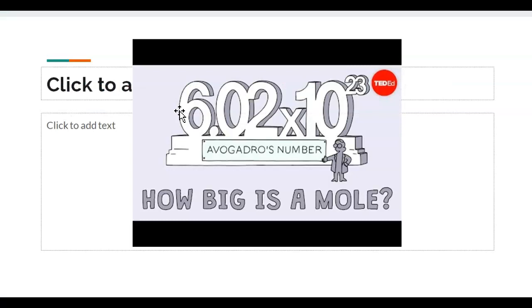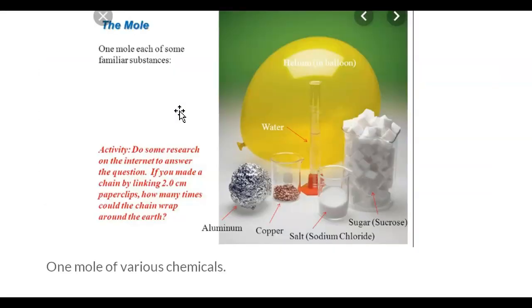So what we're going to be doing is you're going to have an opportunity to see a video of how big a mole is, and this will be something that you're going to connect through outside of this video. But to give you a sense of what one mole looks like, you'll notice that I have here 1 mole of aluminum, and that looks like a big wad of an aluminum ball.